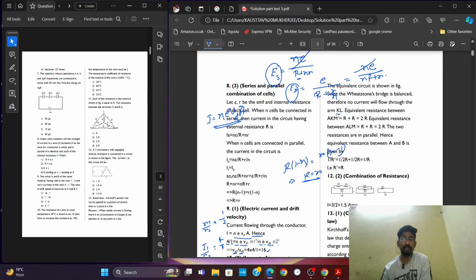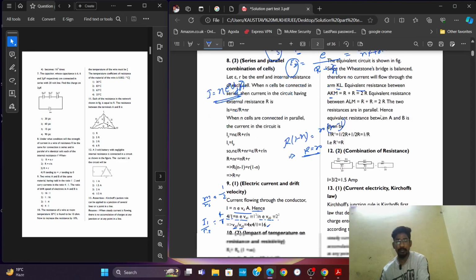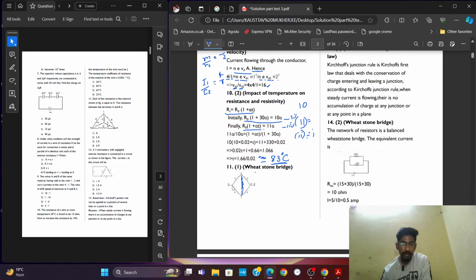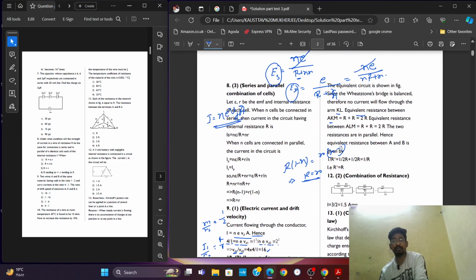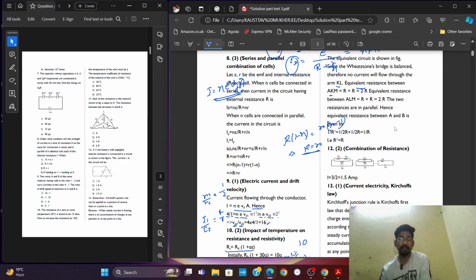No current will flow through KL, the middle resistance. The equivalent resistance in the path AKM, this is A, this is K, this is M. R plus R, these two are in series, and these two are also in series. R plus R is 2R, and this is also 2R. So the final resistance, these two are in parallel.